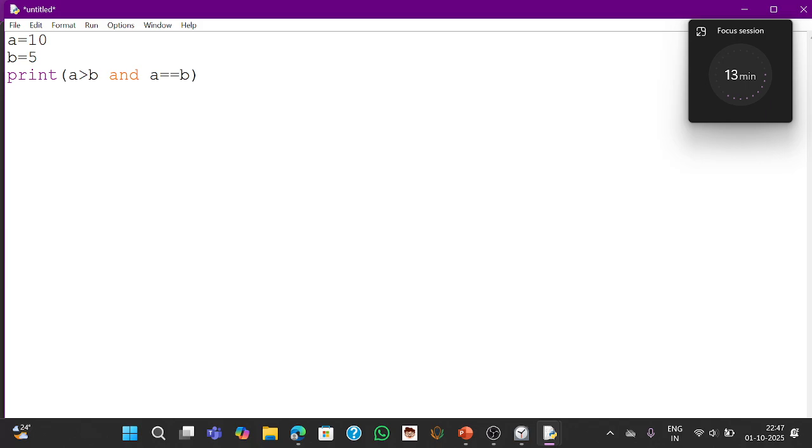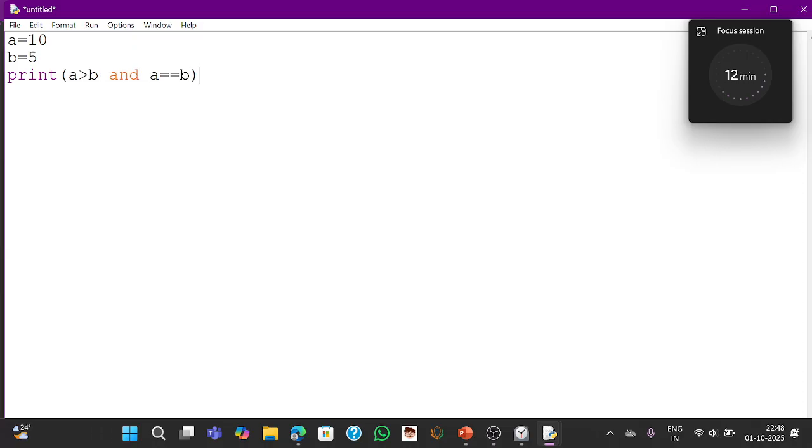I'll give you a simple way to remember the AND operation. The logical AND resembles the English AND. What is AND in English? You'll have one statement and you'll have another statement. That means this as well as this, meaning both statements. So only when this condition is true and also this condition is true, the output of this complete AND operation will be true.